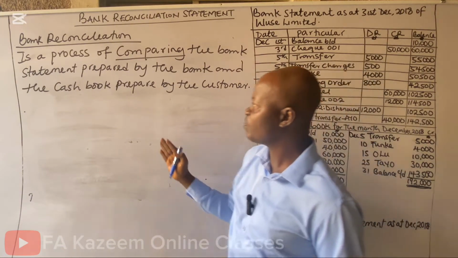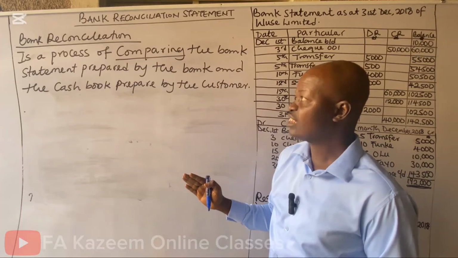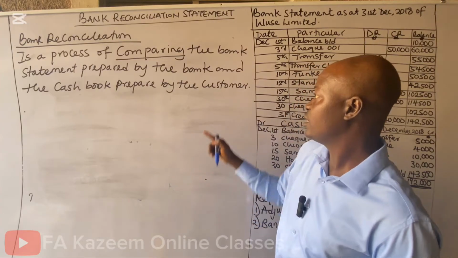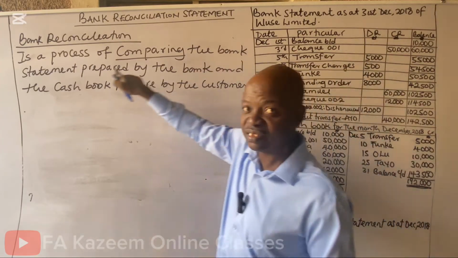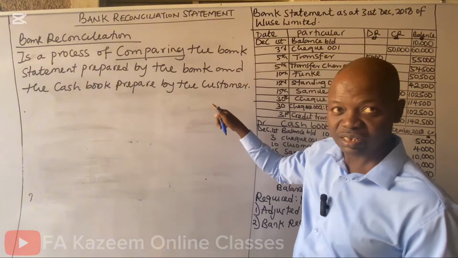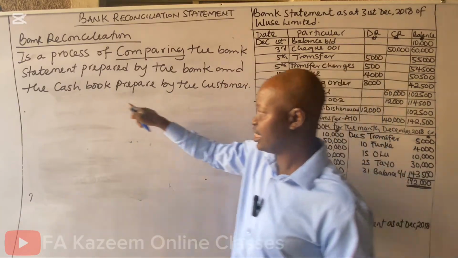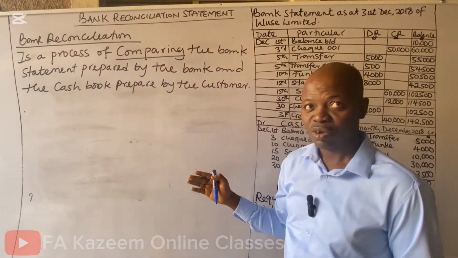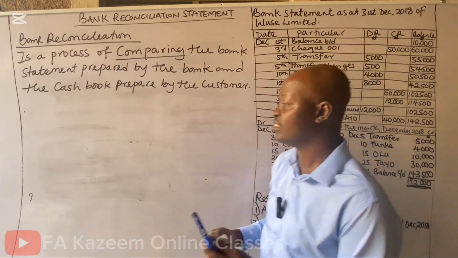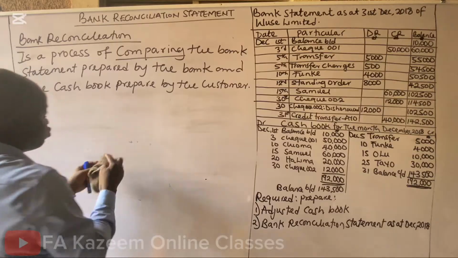Now, what are those factors that can cause disagreement between this bank statement prepared by the bank and the cash book prepared by the customer? What are those factors that can create omission between the two books?